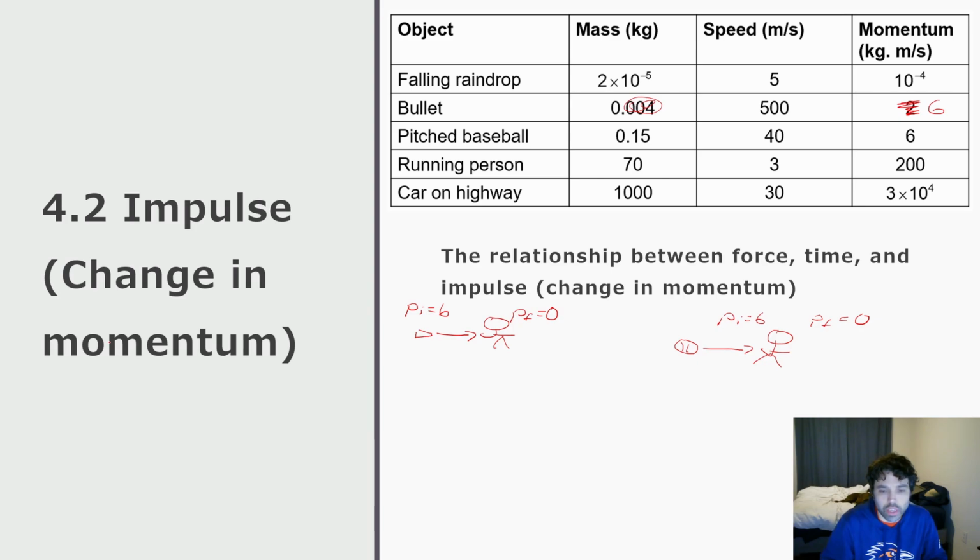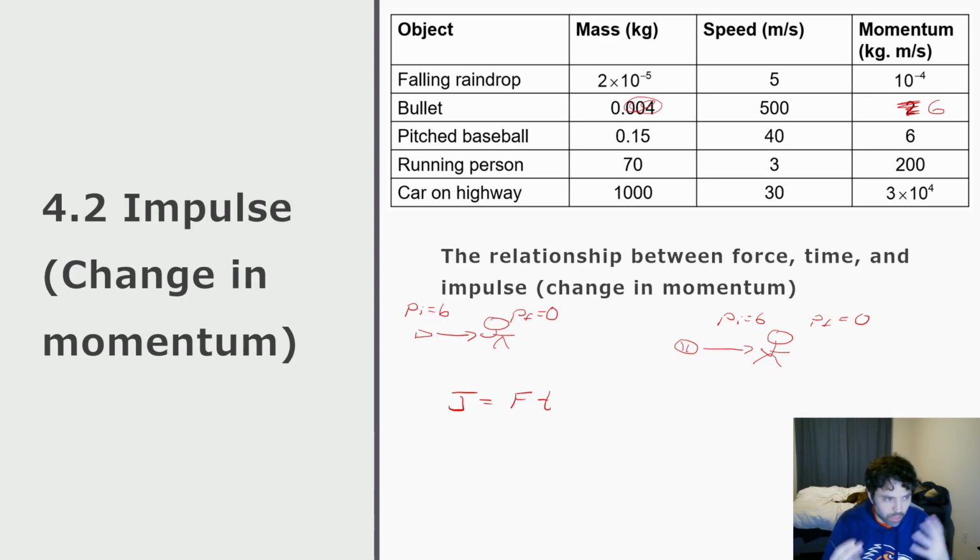Here's the thing we have to consider. J equals Ft. All right. When a bullet hits you, how long is it in contact with your skin versus the baseball? Think about the material of a baseball and the material of a bullet. Bullet's made of metal.